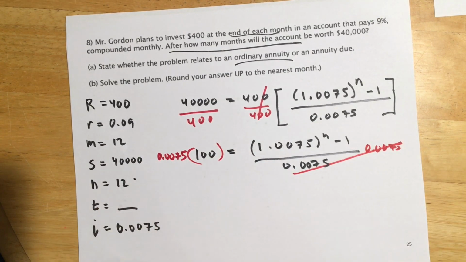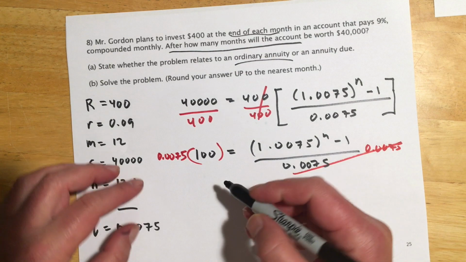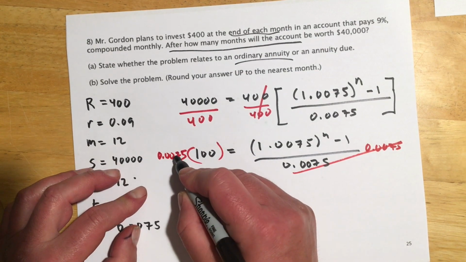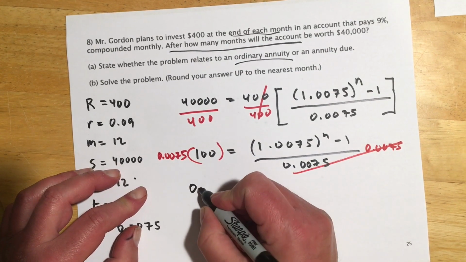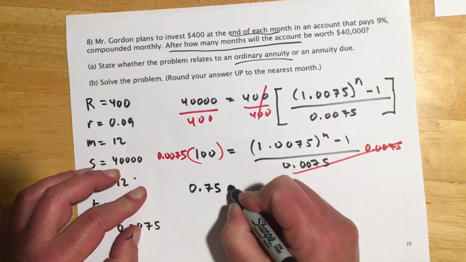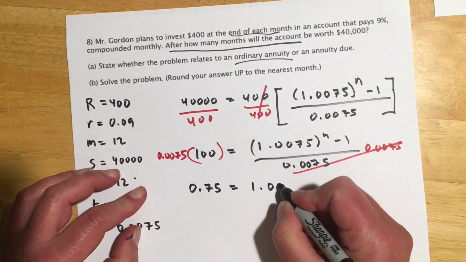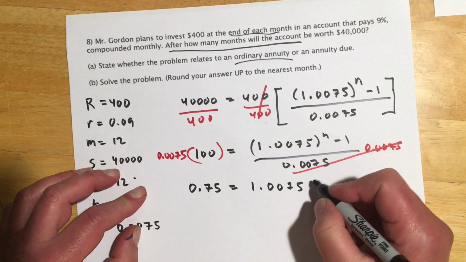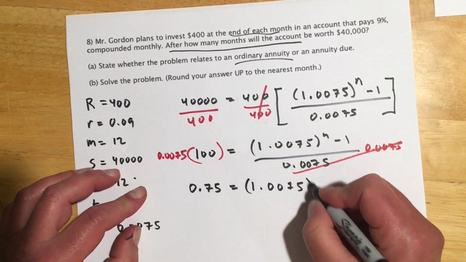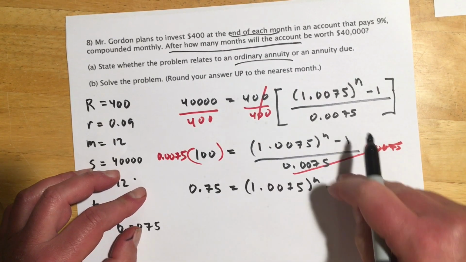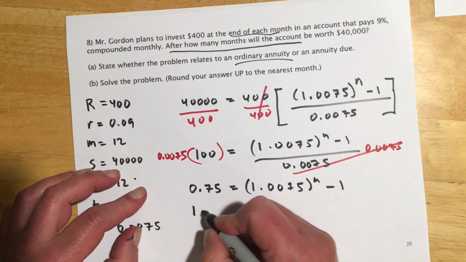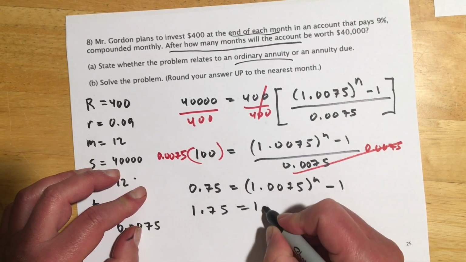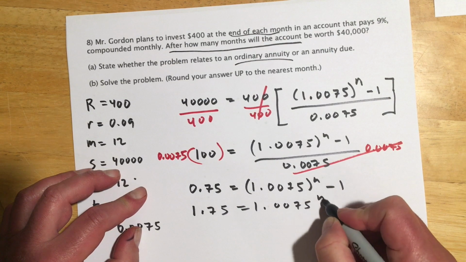So now that cancels out. And the decimal moves 2 places, so that will be 0.75 equals 1.0075 to the N minus 1. Now I'll add the 1 over, so 1.75 equals 1.0075 to the N.